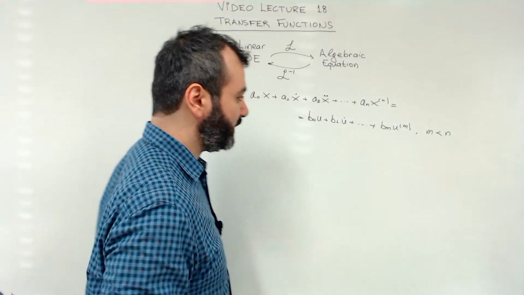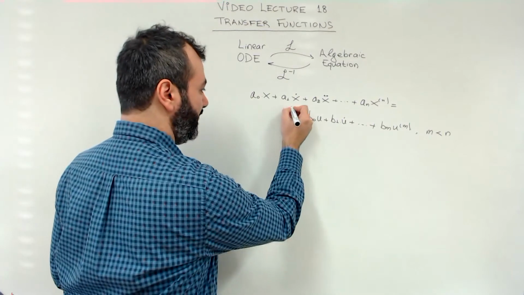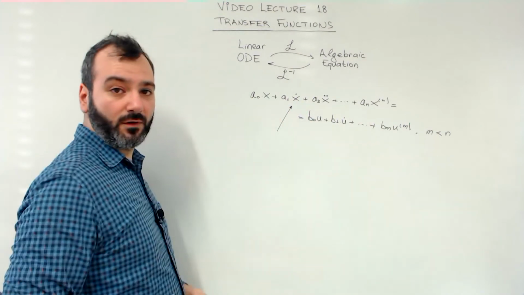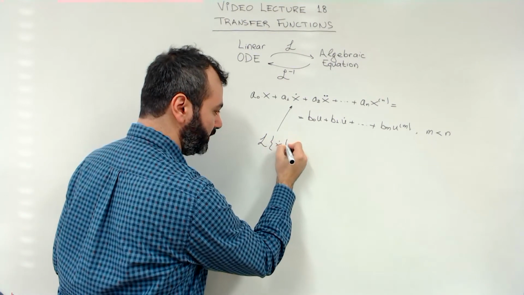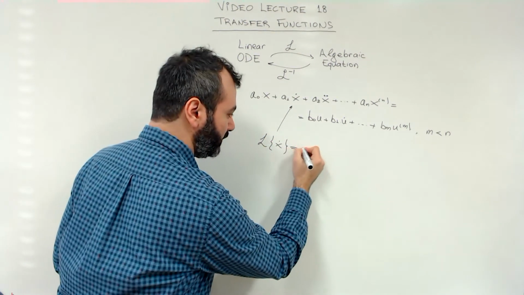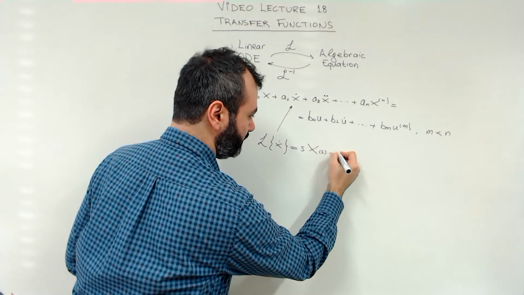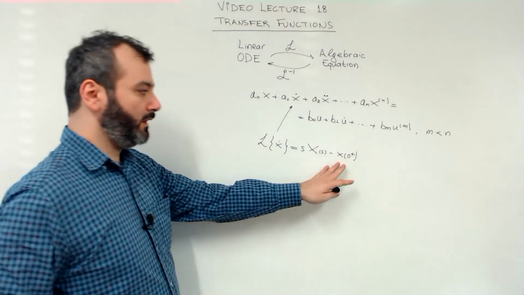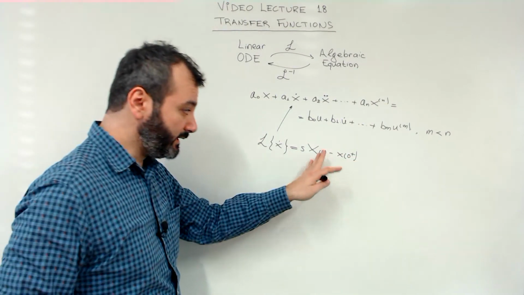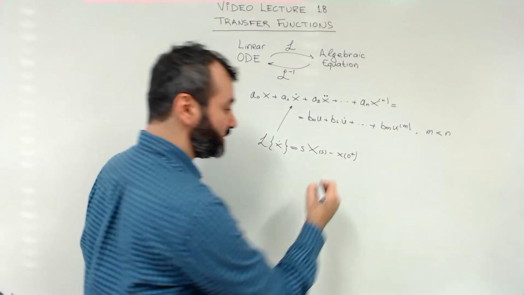So we have this equation over here, and we know that if we apply the Laplace transform, say on the derivative of x over here, so if we have the Laplace of x dot, then this is equal to this expression here, but it is minus x at 0 plus, which is a constant.